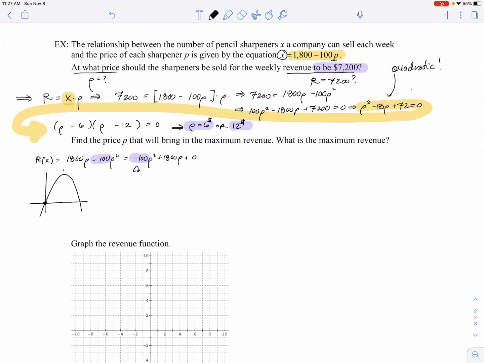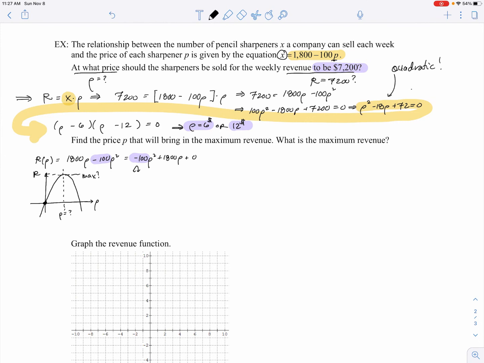Now, what we want to figure out is, this is the revenue as a function of rho, not of X. And so if we place rho here, this is revenue. And the question is, what is the price that will generate the max revenue?